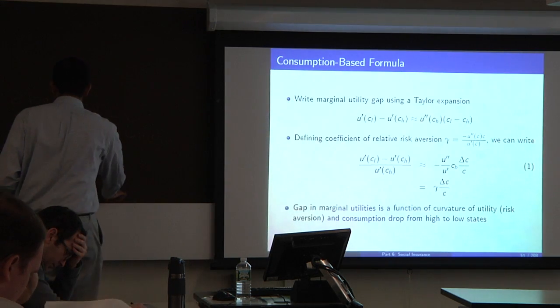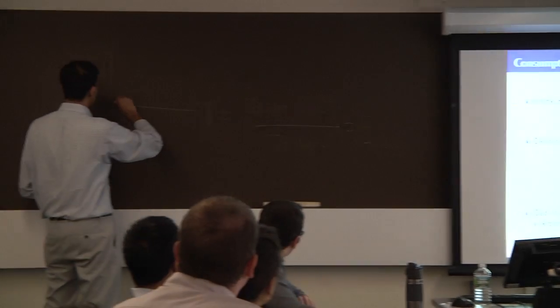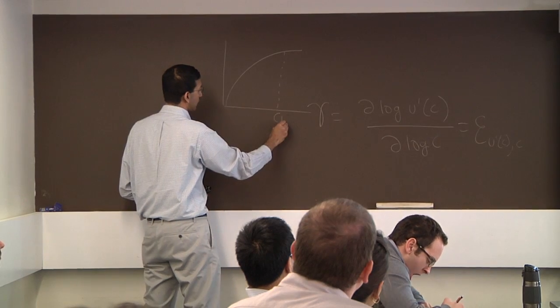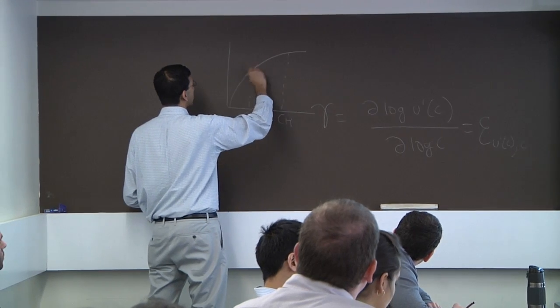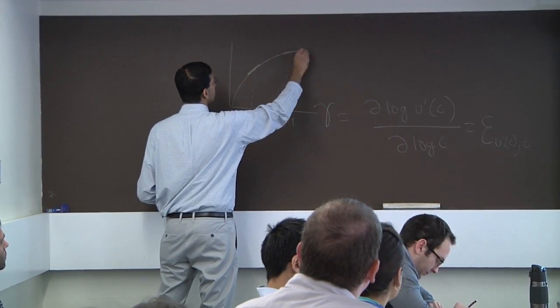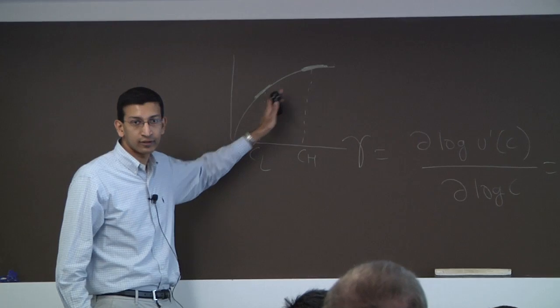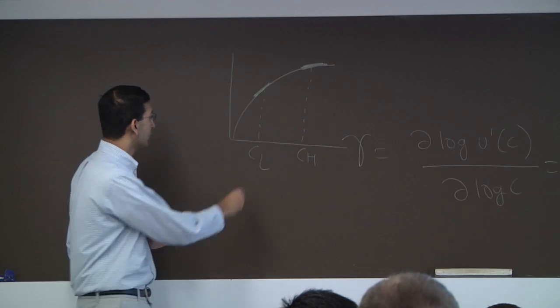Just to make sure everybody's following this, let me show this graphically. So we've got CH here, CL here. What are we trying to recover? The difference in slopes of the utility function in the high state and the low state, right? The percentage difference between the slopes in those two states. And what are we saying?